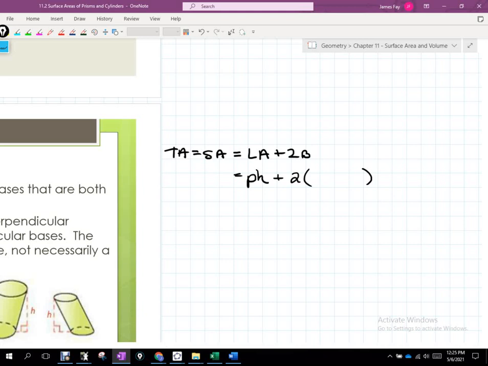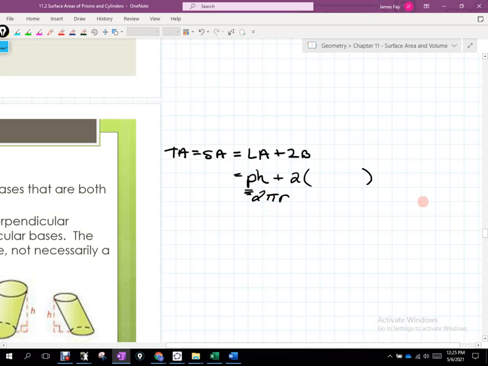What is perimeter for our base? That's what we're doing here. The lateral area, that P, is the perimeter of your base. In a cylinder, what's your base? A circle. What's the perimeter of a circle? The circumference. So it's 2 pi r.